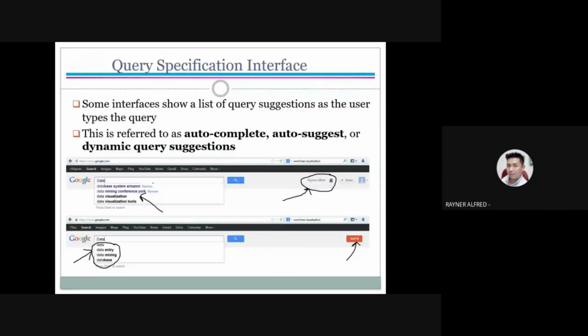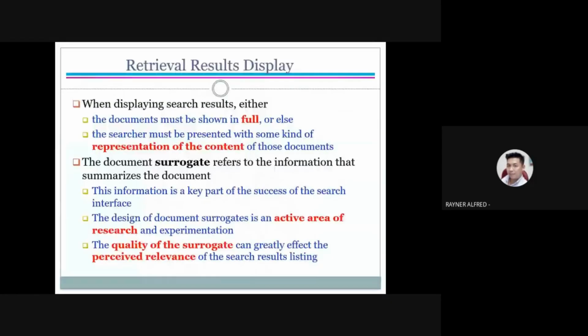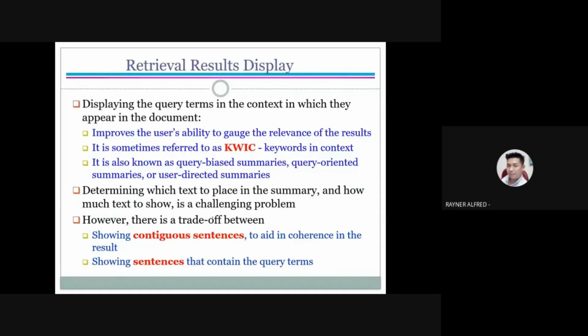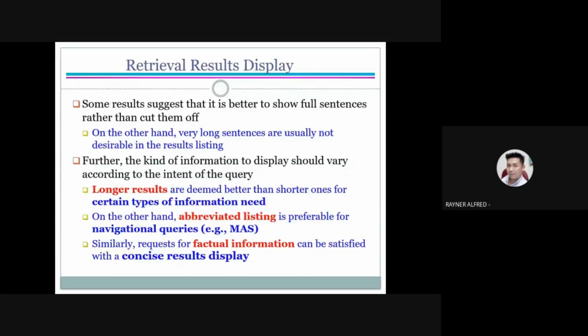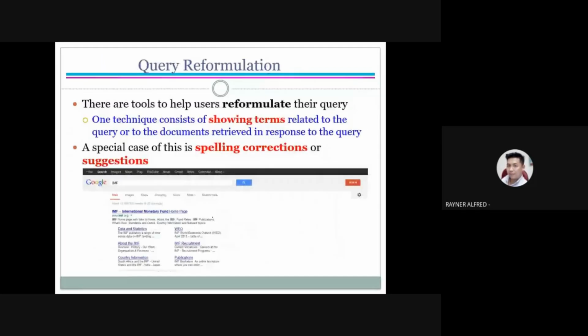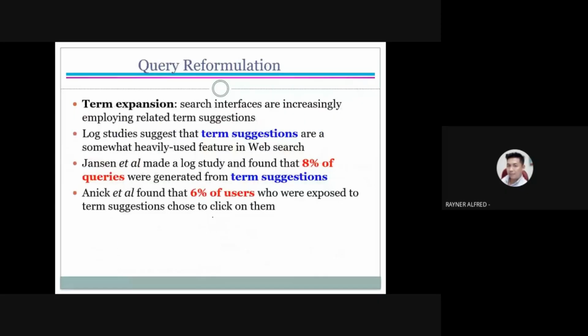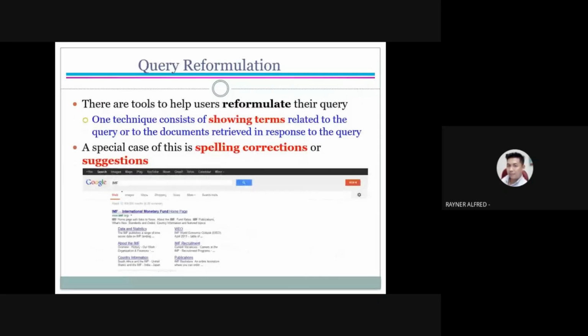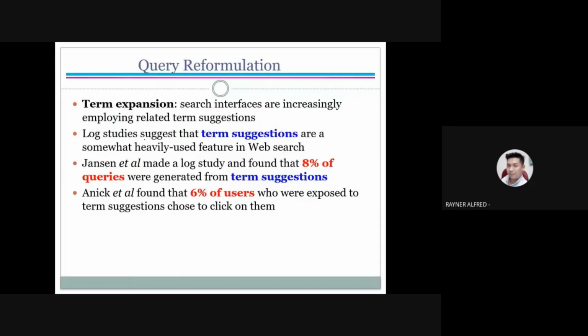This is what we call automatic query reformulation, in which we suggest a list to the user. The whole idea is we want to expand the terms used by the user.